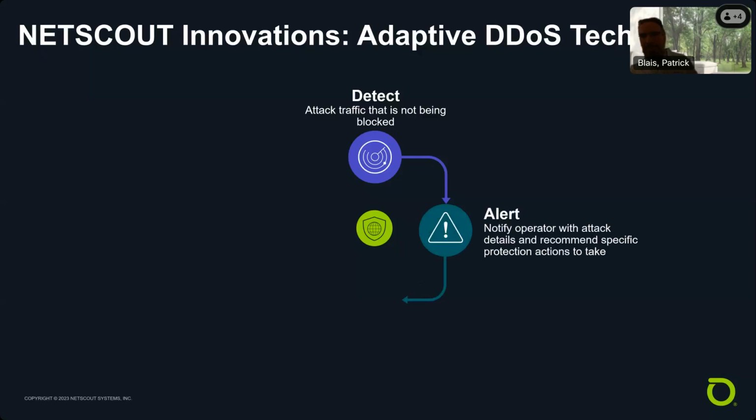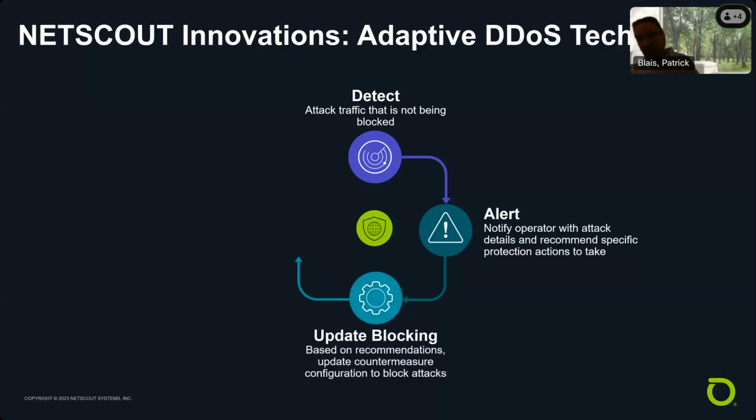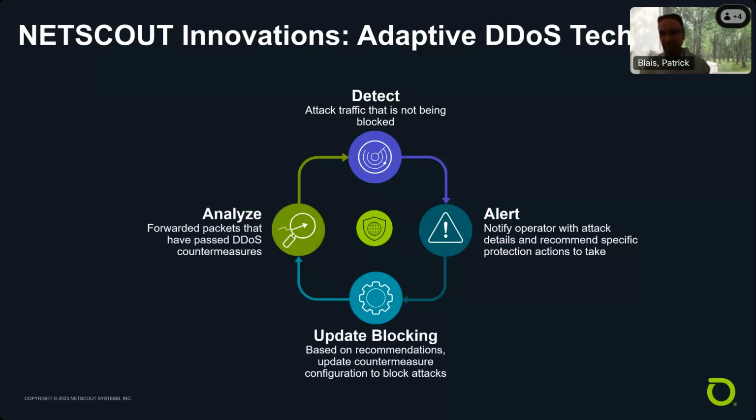The technology then classifies these attacks and generates alerts to let you know about newly detected attacks. It also recommends tuning protection settings to effectively block those attacks as you go. Then this cycle analyzes everything and repeats itself every minute. No other type of DDoS protection approaches the DDoS problem that Richard talked about this way.